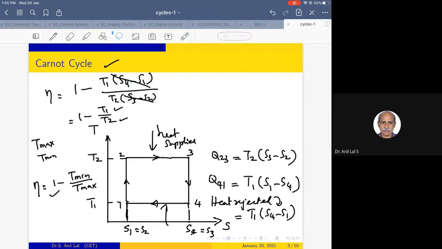Students make mistakes by taking degree centigrade, say 500 degrees centigrade and 30 degrees centigrade, and writing the efficiency as 1 minus 30 by 500, which is not correct. You have to convert into Kelvin.